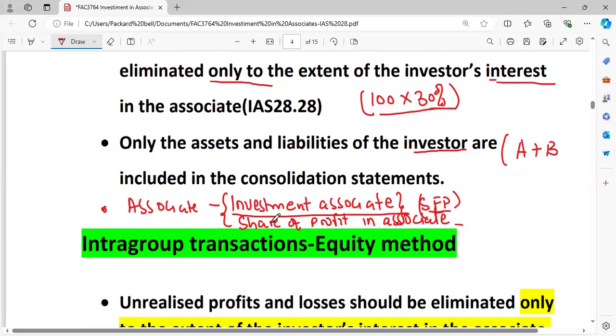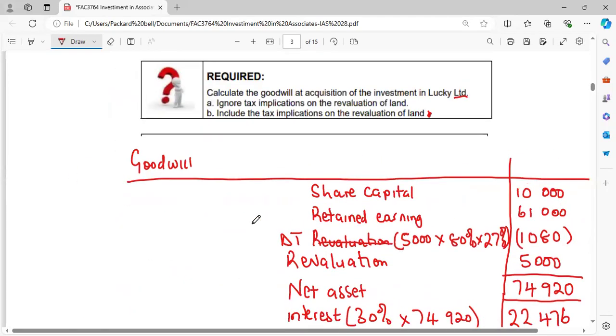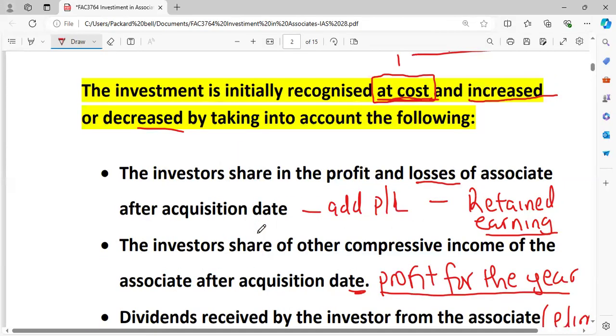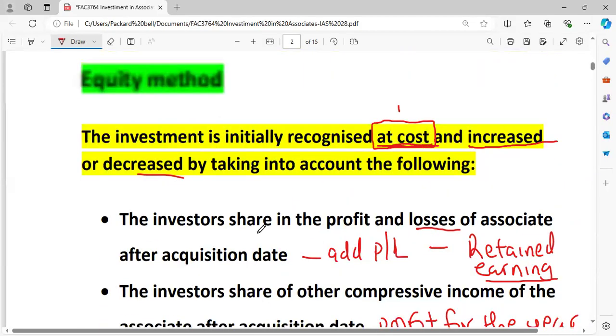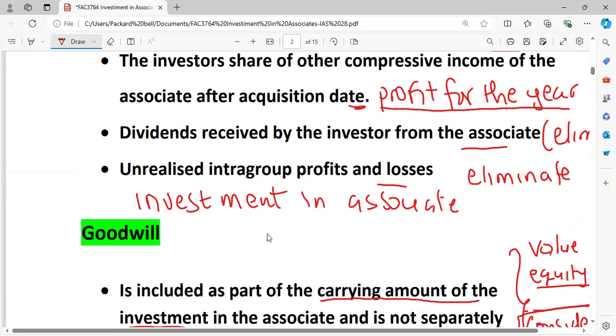We don't combine assets. It's only the assets for the investor that you take to the statement. The ones for the associate are going to be represented in the investment in associate, which means the calculation that you do here is the one that you take. So you calculate your investment in associate, then the final figure that you get is the one that you take to the statement of financial position, investment under non-current assets.